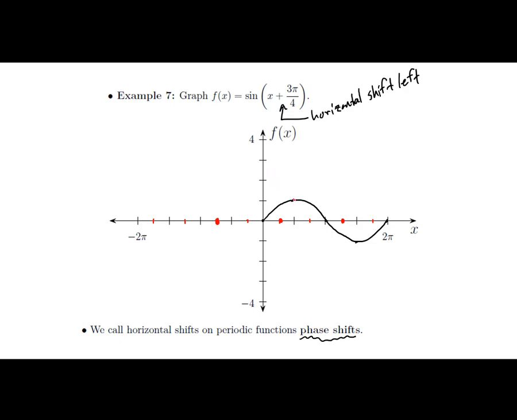Same thing with this value of 1 here, 1, 2, 3 pi over 4, and then same thing here. And so we can pretty quickly get a sketch of this sine function shifted back 3 pi over 4.